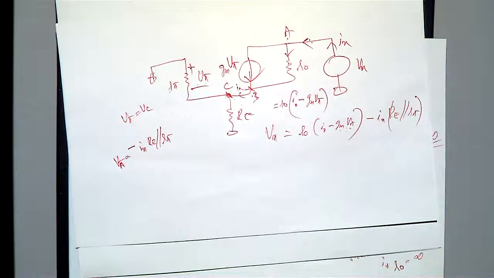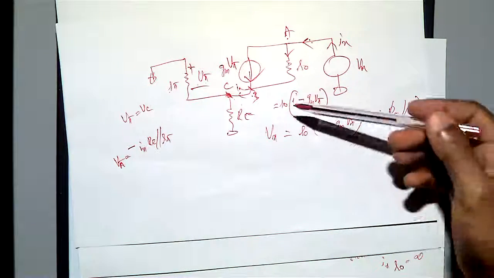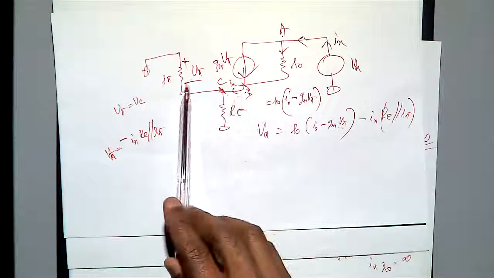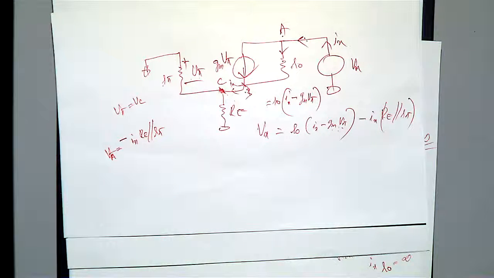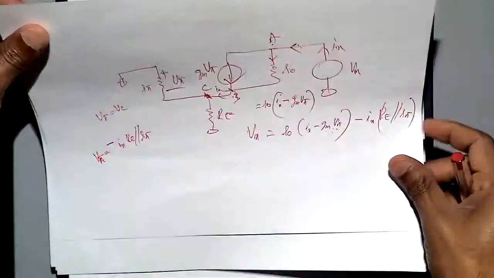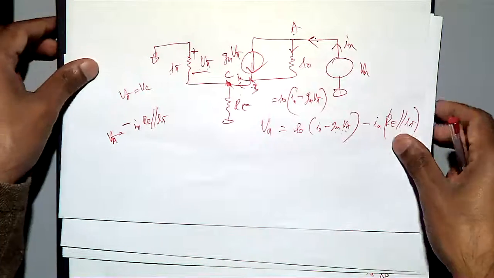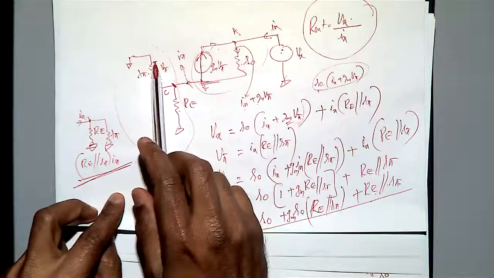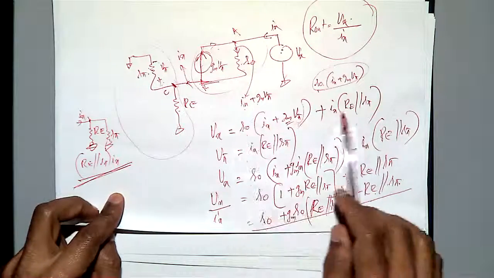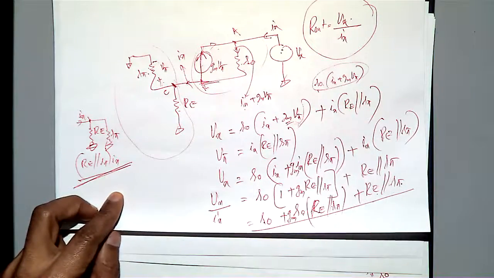Most of the time I have noted some students start here and then they miss this negative. Then they can't get the answer. That's the reason you have to be careful which direction the current is flowing. That is why I have done it like this. In the previous case I put this negative and this positive, because this is ground, so that I don't have any negative here. Both ways you can solve it.